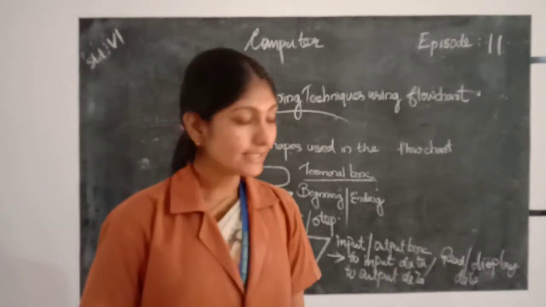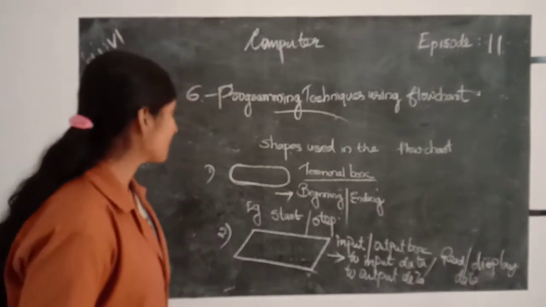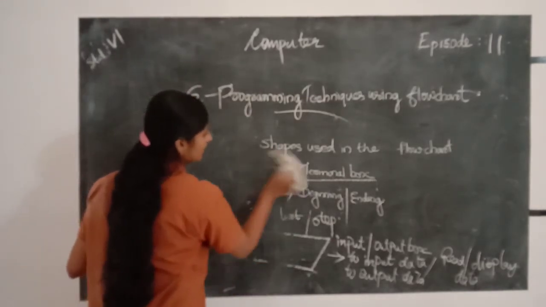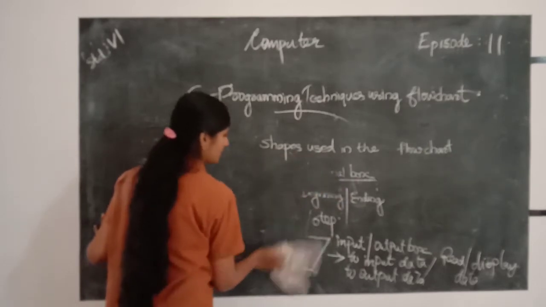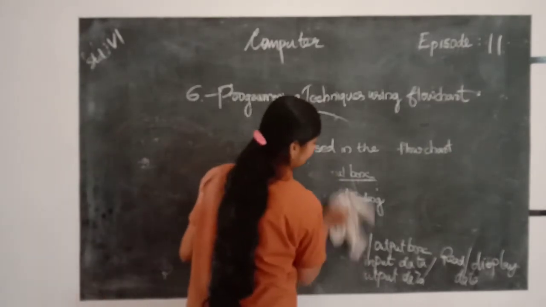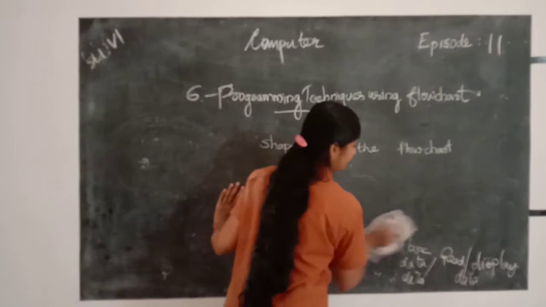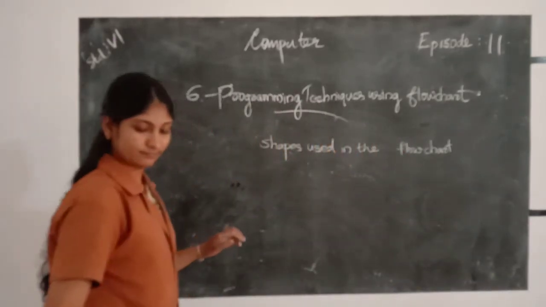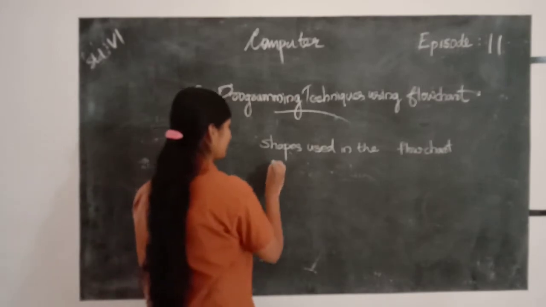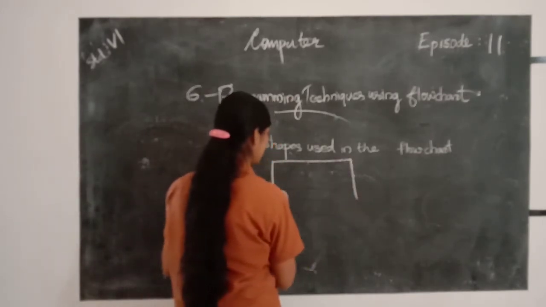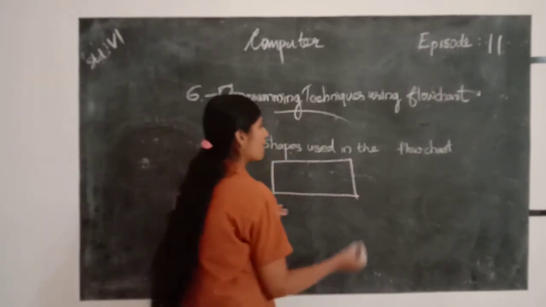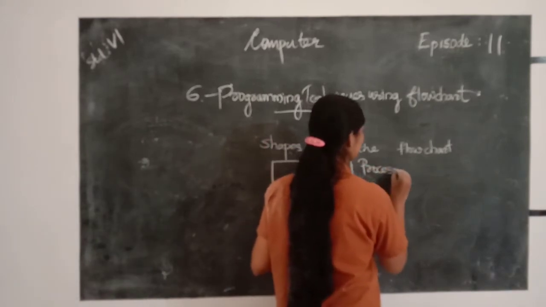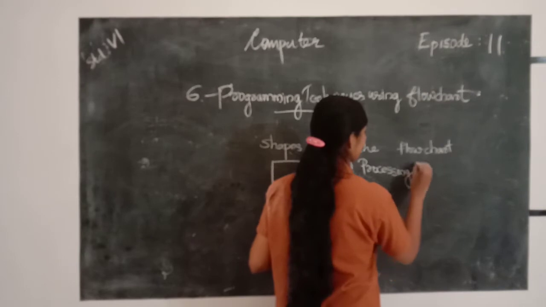Then the third one is the processing box. Here this is the processing box.